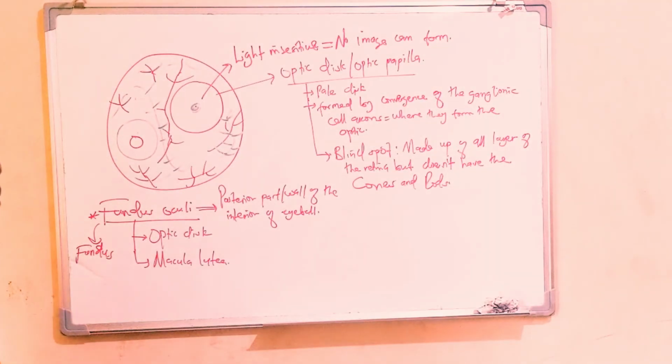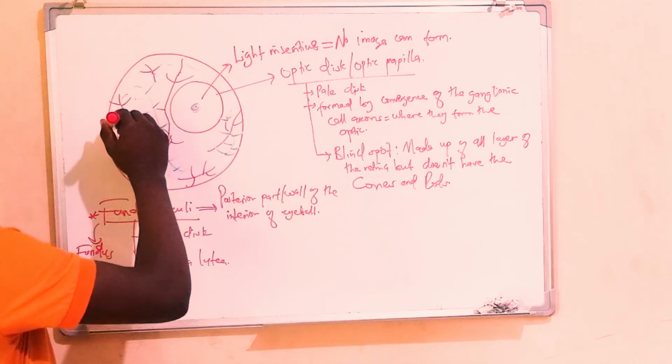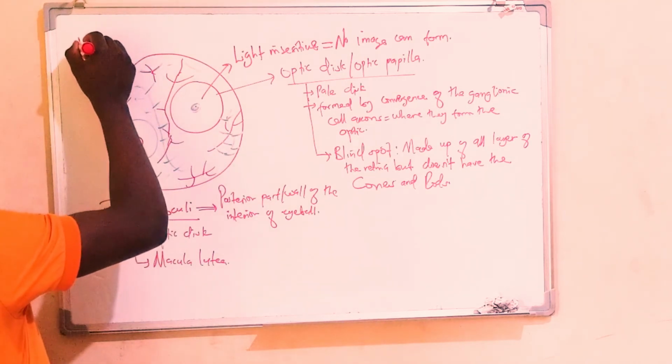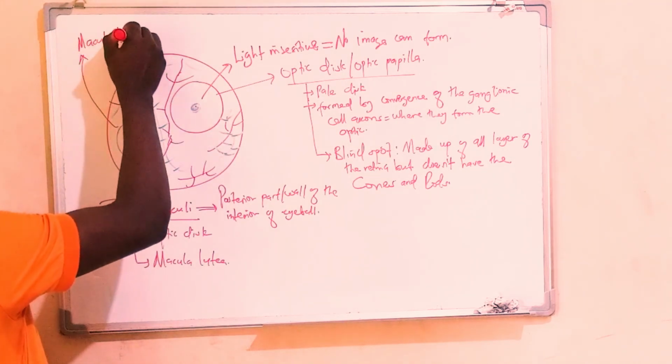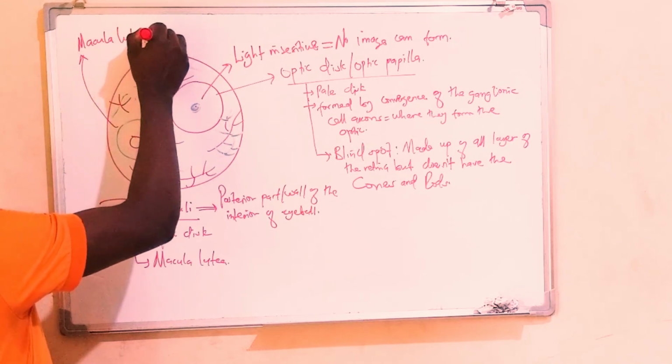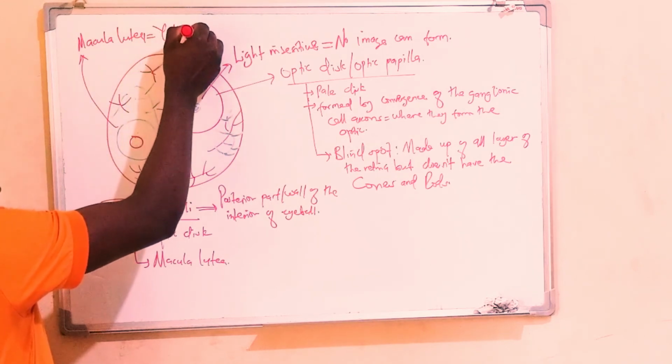Then the second part here that you're having is the macula lutea, also known as yellow spot.